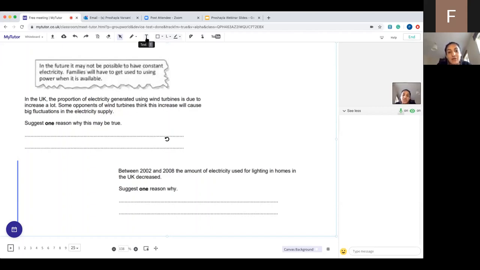The introduction of LED bulbs in the house means that we have more energy efficient light bulbs, which are being more and more used and developed. We may have had an increased energy cost, which might mean that fewer people use energy because it's more expensive, or more people are becoming environmentally aware. Any of those reasons would have been fine, but saying that it was lighter would not be an appropriate answer.